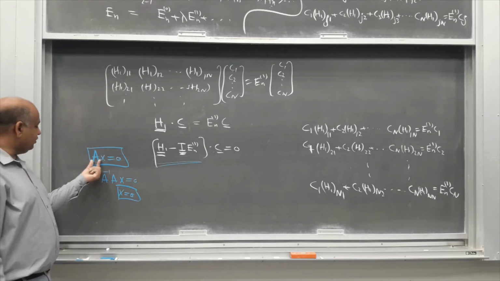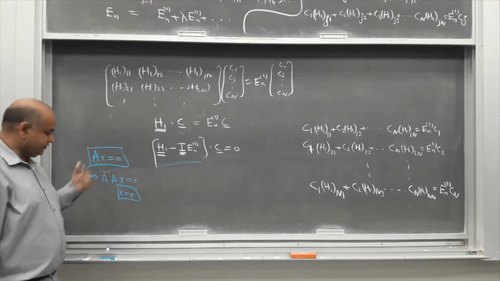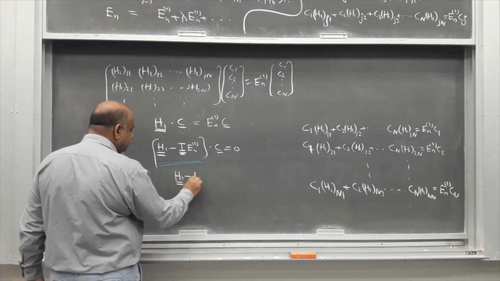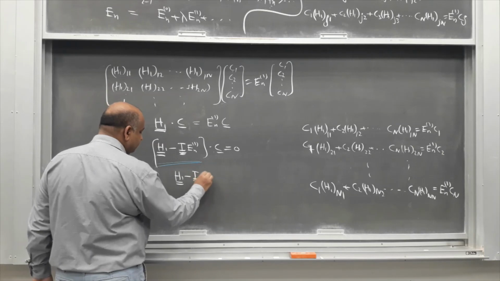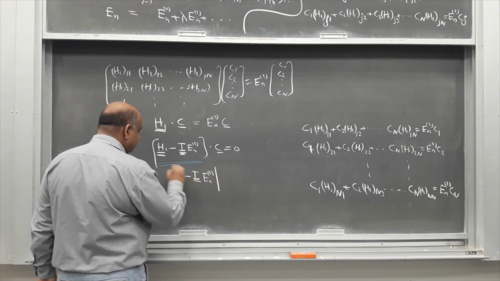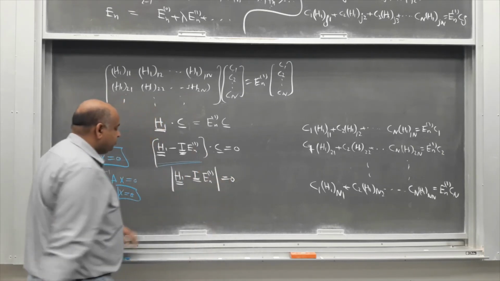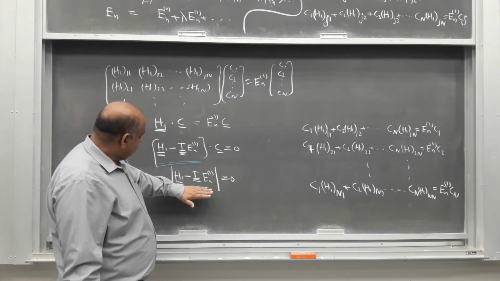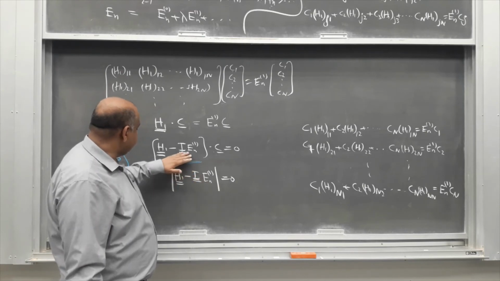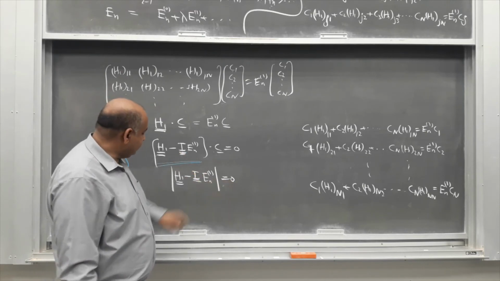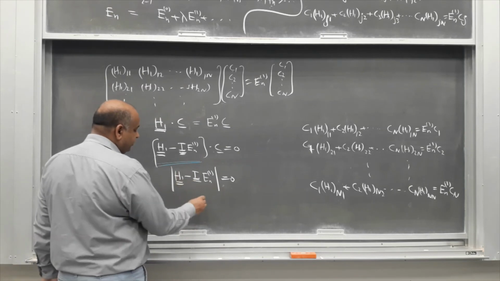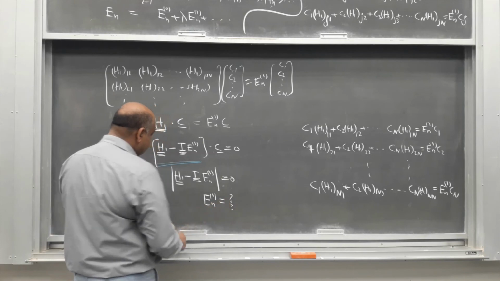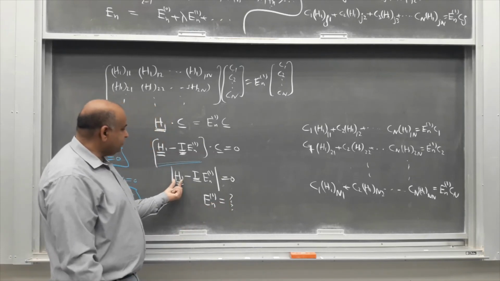If A is singular, we can have a non-zero solution for x. So to get a non-zero solution for C, we have to make sure that the determinant of this matrix is 0. From this equation, you can solve and find En1.